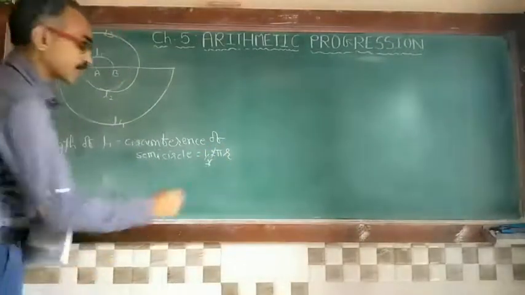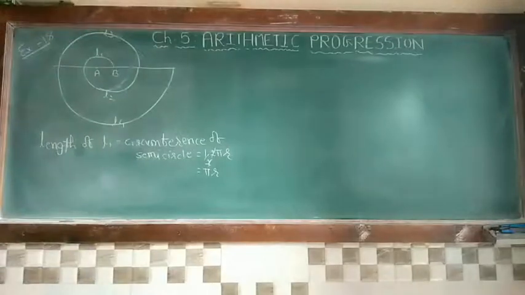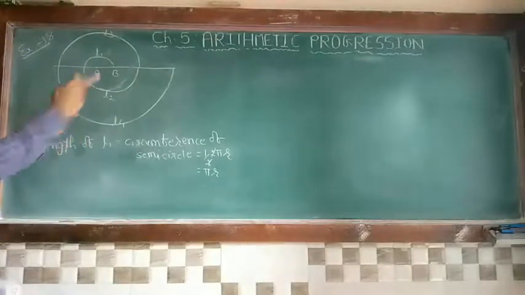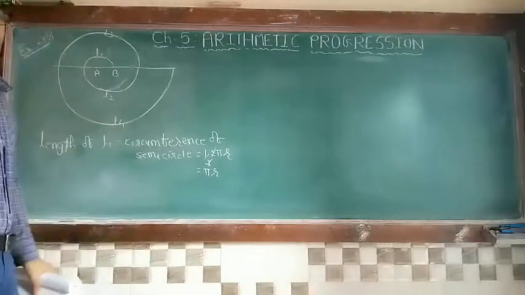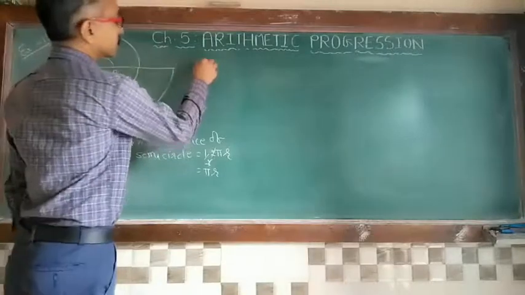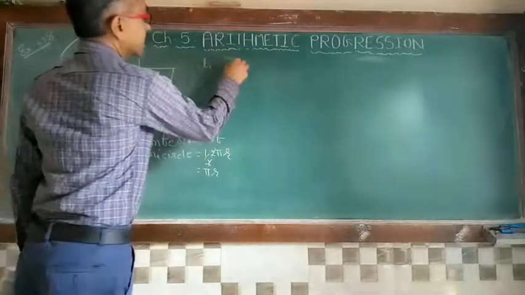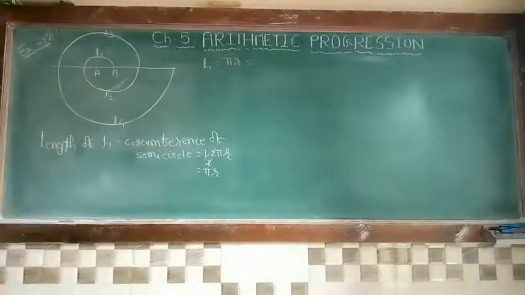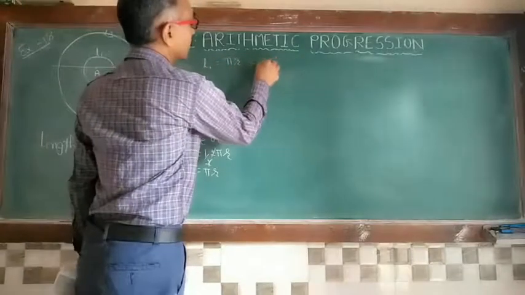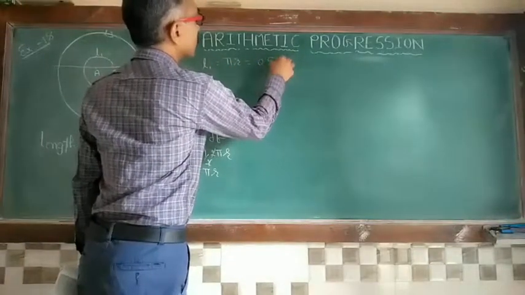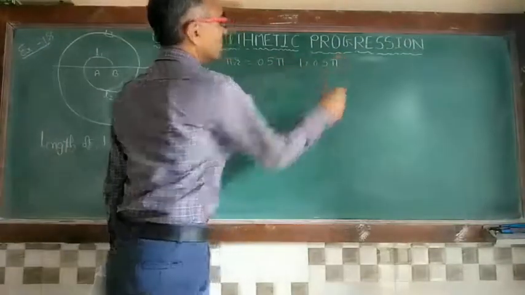That is, 2 is cancelled out, so the remaining is pi r. So the length of any semicircle in your given figure is pi r. So L1 is pi r, but the radius for L1 is 0.5 centimeter, that is 0.5 pi. That means 1 into 0.5 pi.